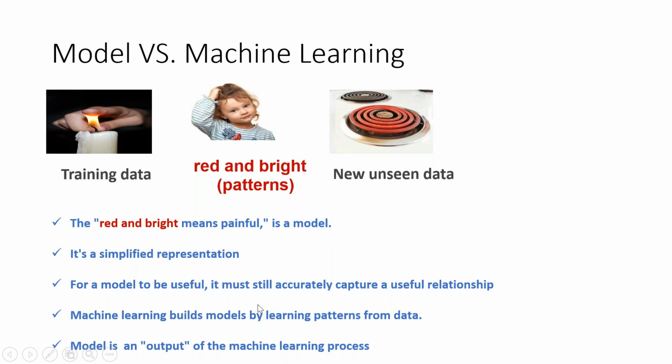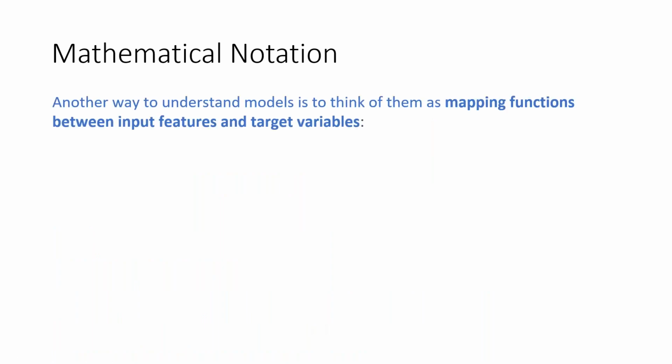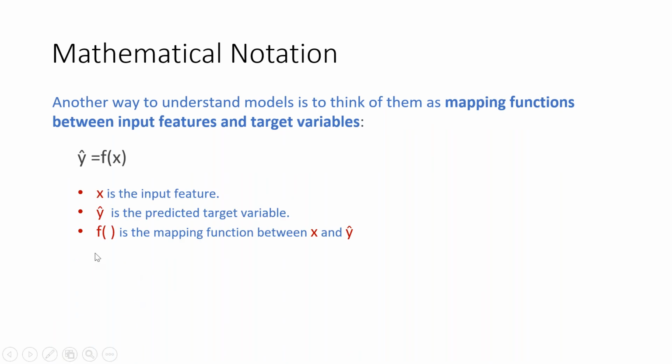And for a model to be useful, it must accurately capture a useful relationship. Machine learning builds models by learning the real patterns from data, and the model is an output of the machine learning process. That is what we have talked about so far. Typically we represent the relationship between my predicted target variable as a function of my input features.